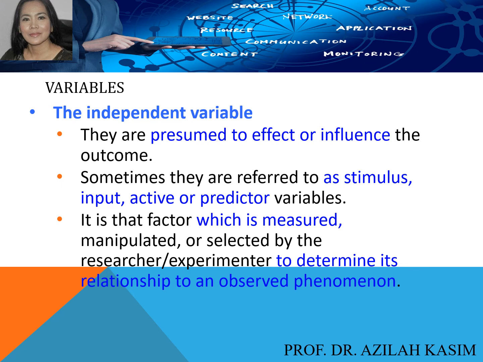The independent variables are presumed to affect or influence. When we say influence, we mean the determinants of, for example, tourist satisfaction level. All those determinants are the independent variables. What would those determinants be when you're talking about satisfaction? Maybe the amount of money a tourist has would determine how satisfied they are with their vacation.